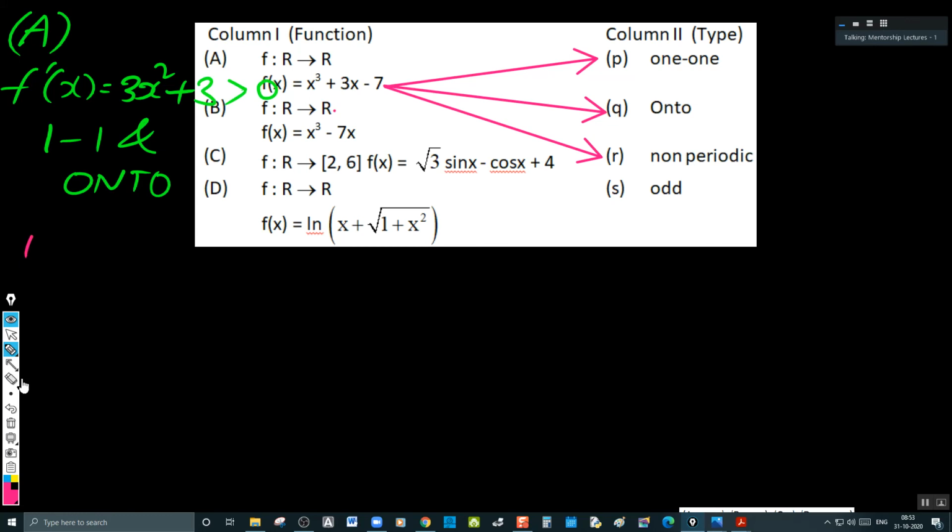क्या बोल रहा है वेद? B की बात कर रहा है. x square minus b minus 7. You cannot say that it is strictly increasing.